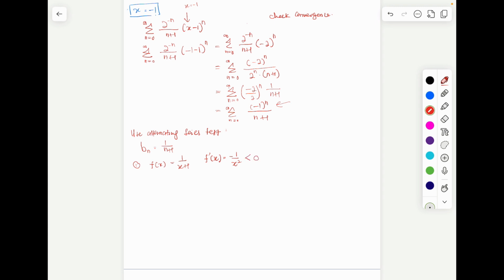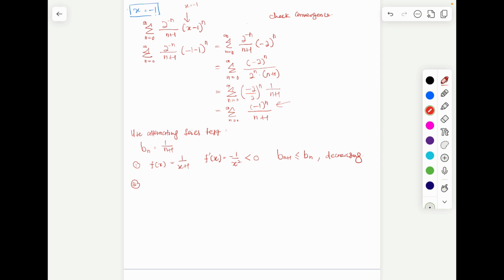So that means Bn plus 1 is lesser than Bn, which means it is decreasing. So this series is decreasing.